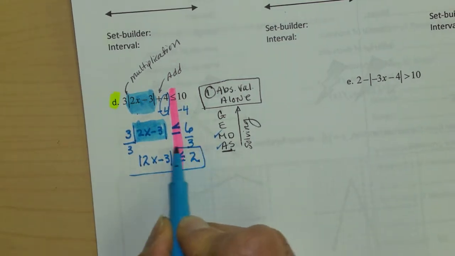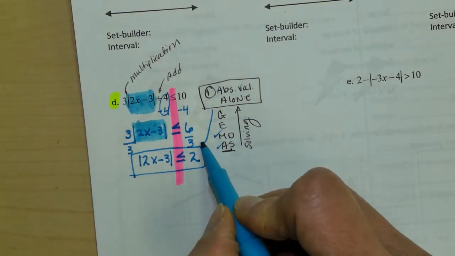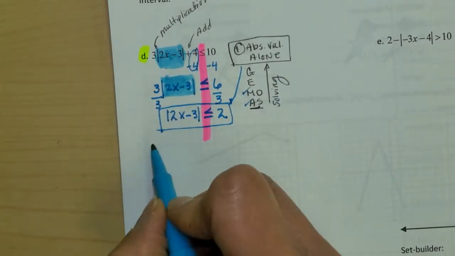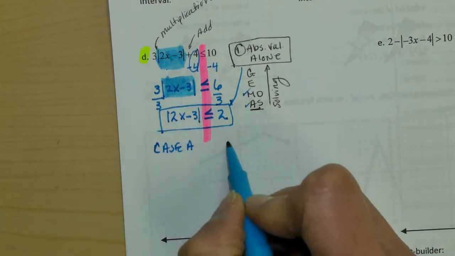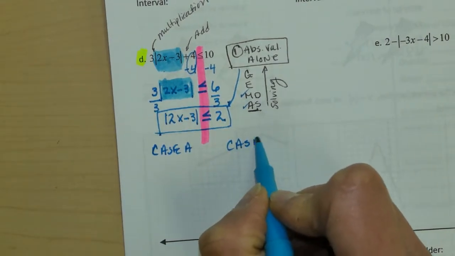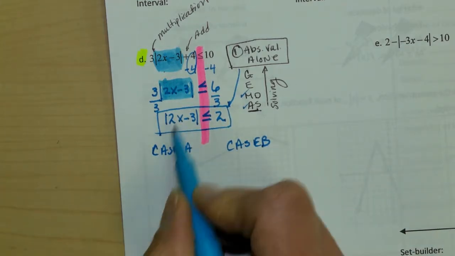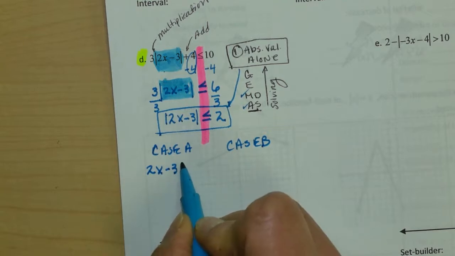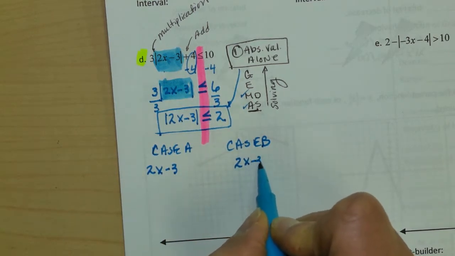Now my absolute value is alone. Do not skip this step. Write that step down. Then you're going to go to case A and case B. In case A, I'm going to write 2x minus 3, and in case B it's also 2x minus 3.